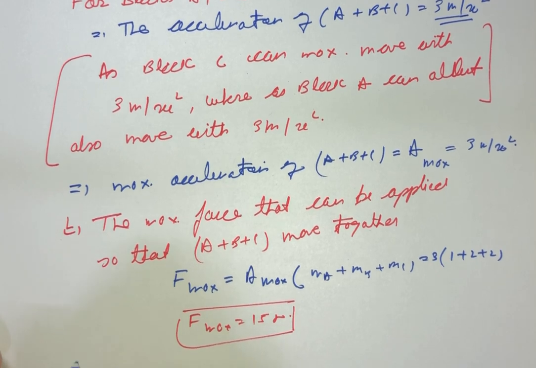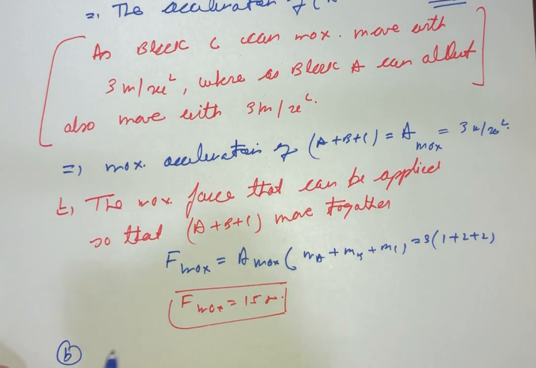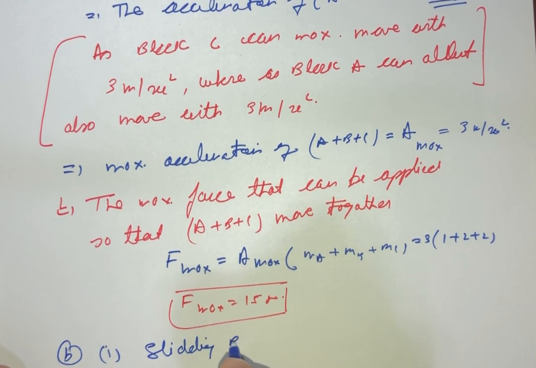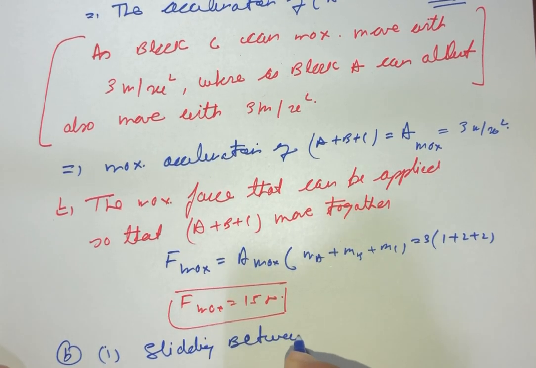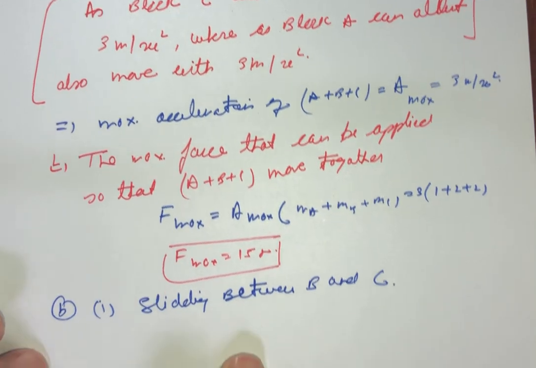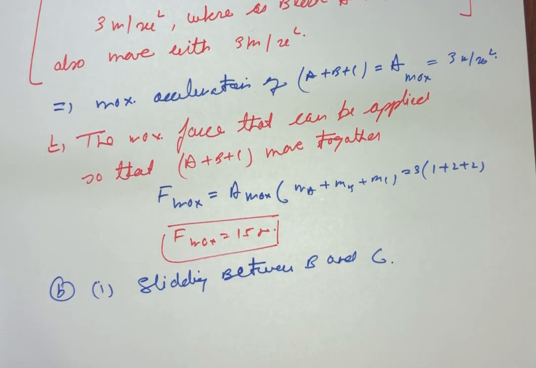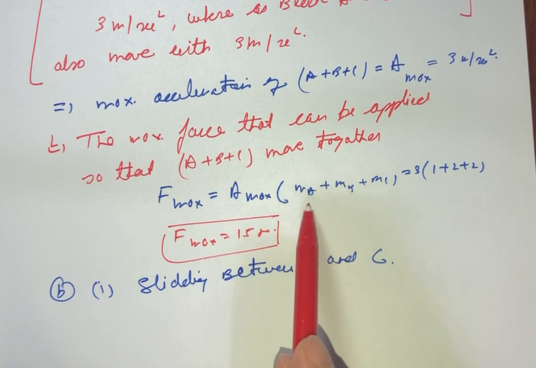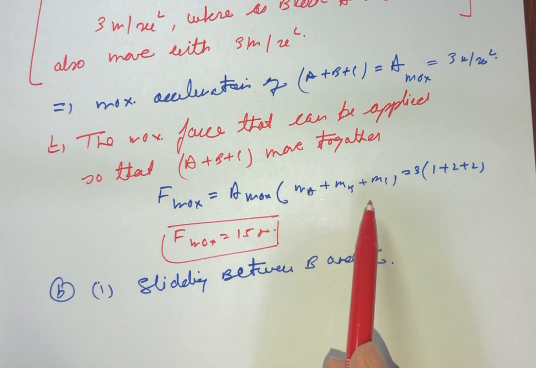Let us check first sliding between B and C. We already know that the maximum force that can be applied on B is 15 Newton, so that all three move together.